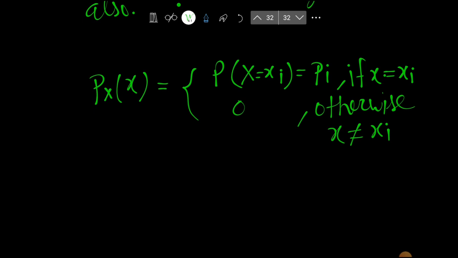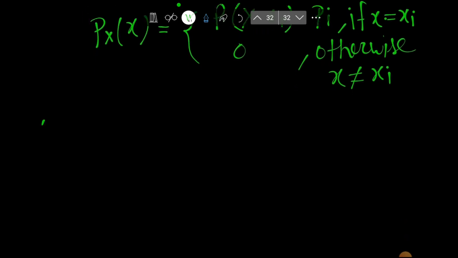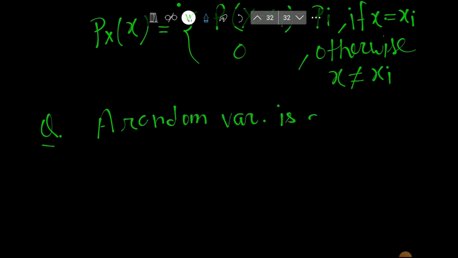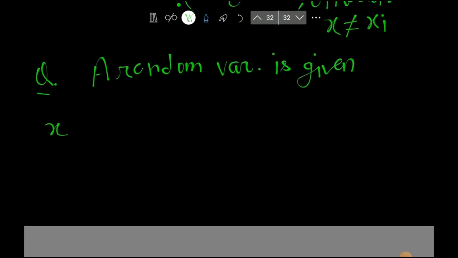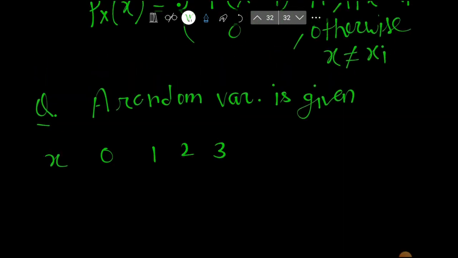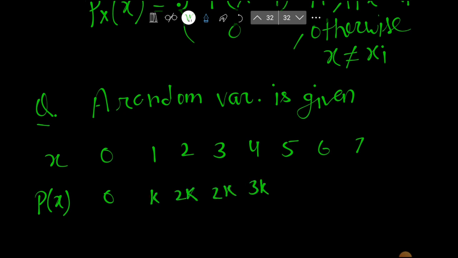Here is an example of the probability mass function. In this question, a random variable x is given with probability functions. So x is 0, 1, 2, 3, 4, 5, 6, 7, and their probability mass functions are 0, k, 2k, 2k, 3k, k square, 2k square, 7k square plus k.